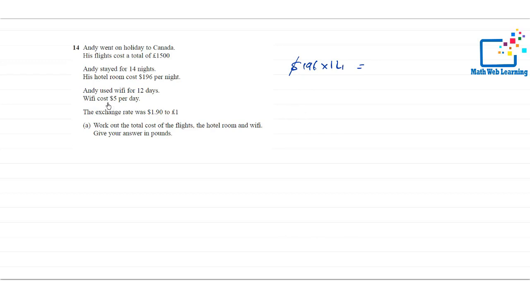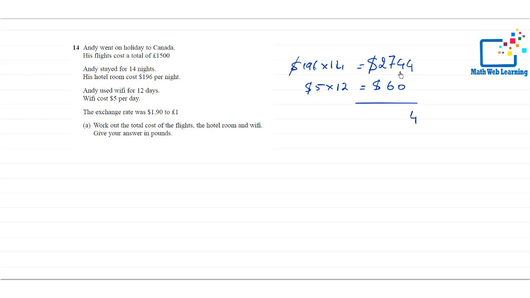And then I'm going to do the cost of the Wi-Fi, which is $5 times 12, which is, this one is easy, $60. Add them together later, and then change it to pounds. So this one is $2,744. We need to add $60 to it.